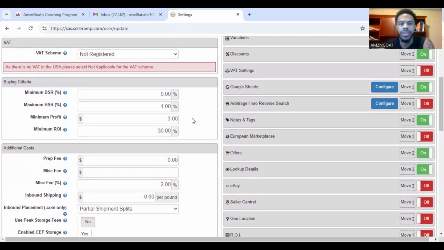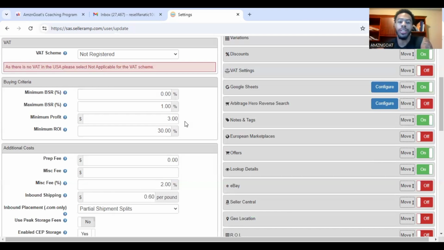I think everybody should have a buying criteria and what they are looking for in a product. But please do not take this too literally, right? This minimum profit of $3, I would love for all of my products to have at least $3 profit that I'm making off of it on each sale.